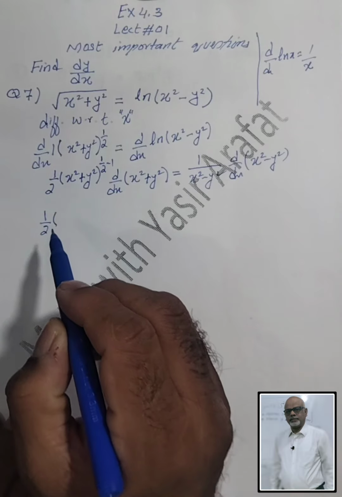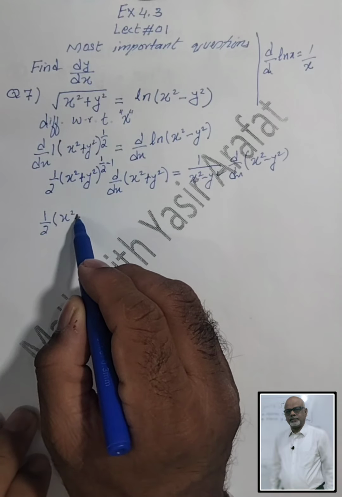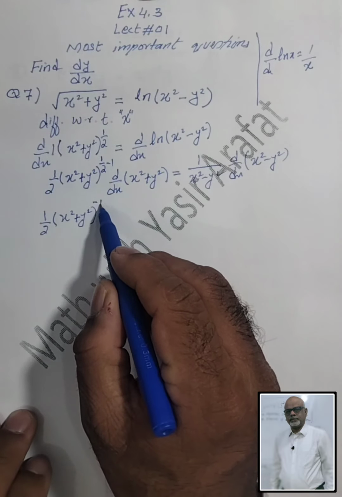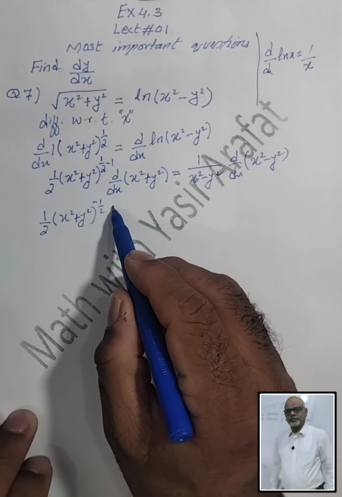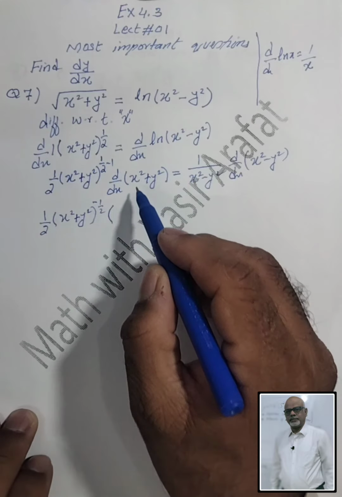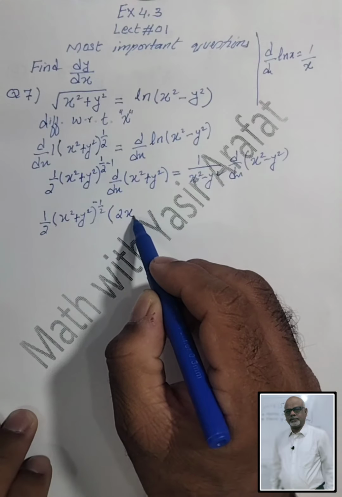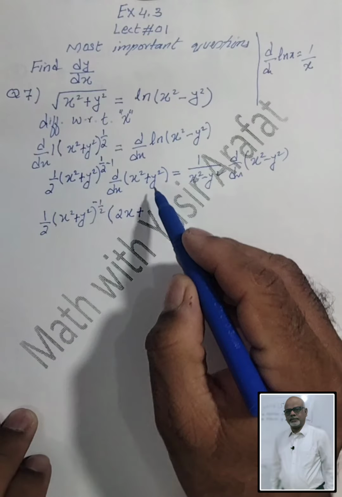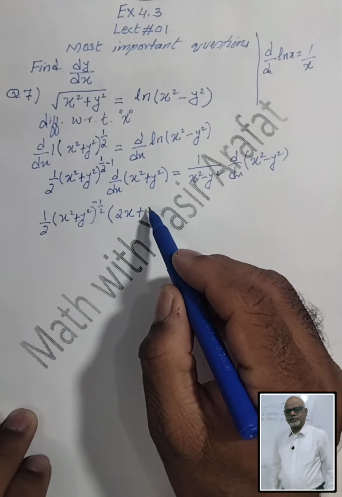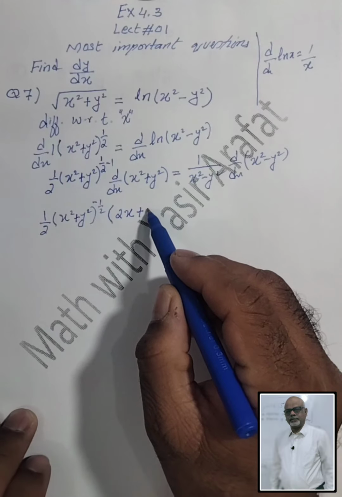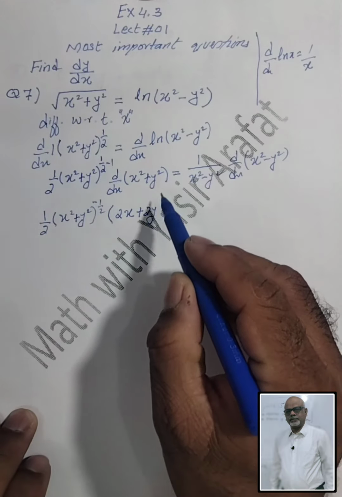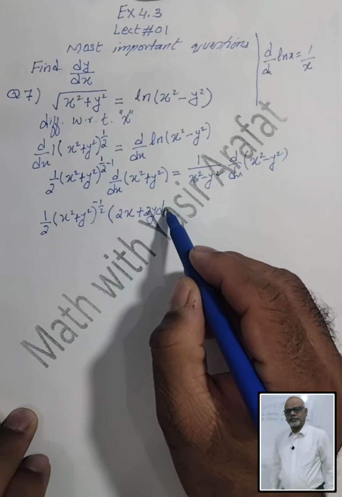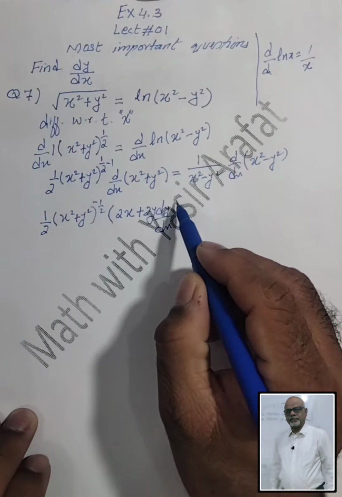Now come to the left hand side again. 1 upon 2 times x square plus y square to the power half minus 1, that means minus 1 upon 2. Now the derivative of x square is equal to 2x. Now come to y square. Here on y square we have to apply the power rule, that is 2y to the power 2 minus 1, and then the derivative of y will be equal to dy upon dx.